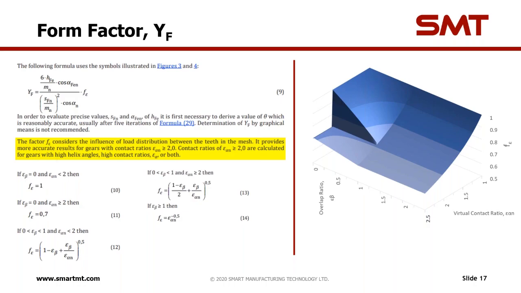If the contact ratio increases beyond 2, then the value of it will decrease to 0.7. This would mean for a spur gear with a contact ratio of 2, we would see an increase in our bending safety factor, which is equal to 1/0.7, which is approximately 42%.